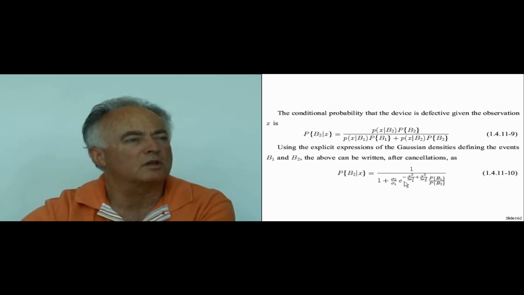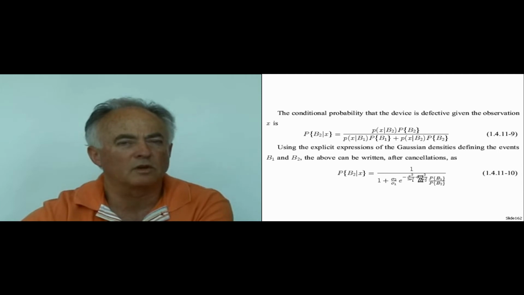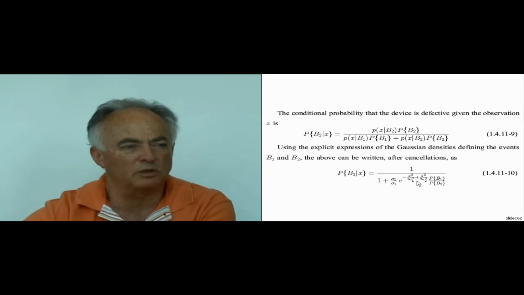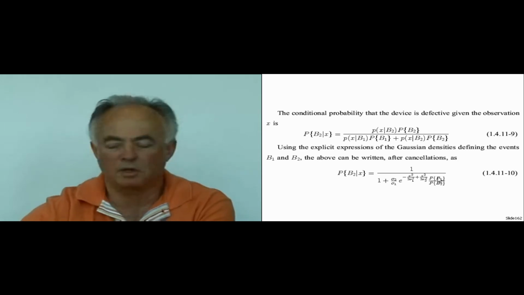And what we have right now is 1 over 1 plus the ratio of the two PDFs, P of x given B1 and P of x given B2. The sign has been changed because it was a negative exponential of a negative quantity, but in the denominator. And this came from the numerator that was brought down here, times P(B1) over P(B2). So you have here the prior probabilities.